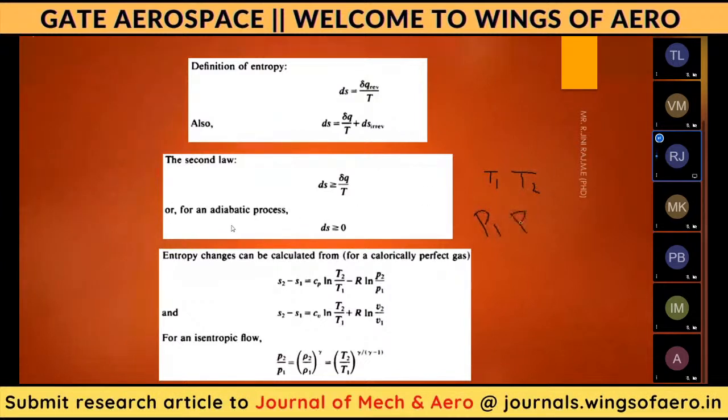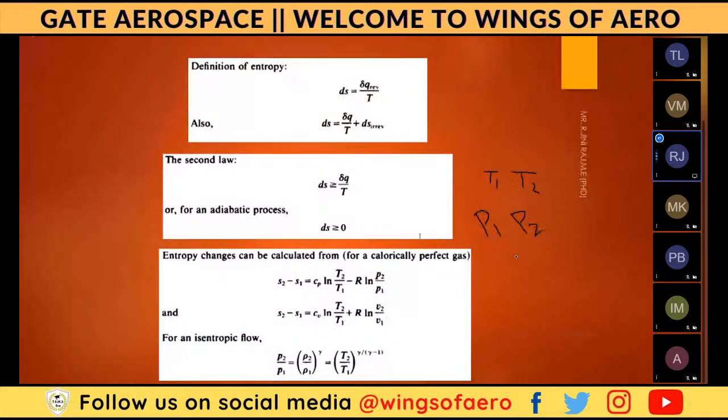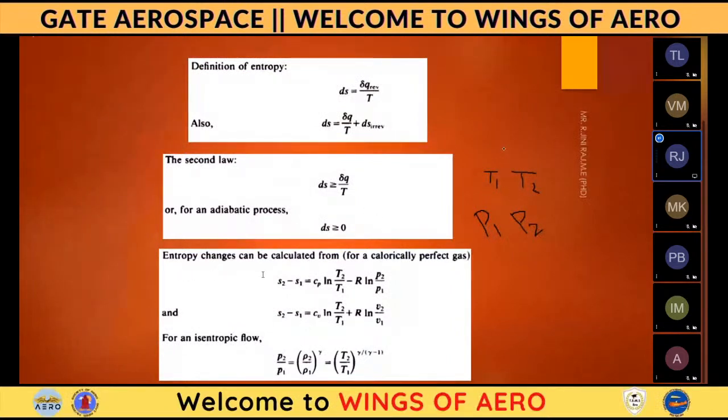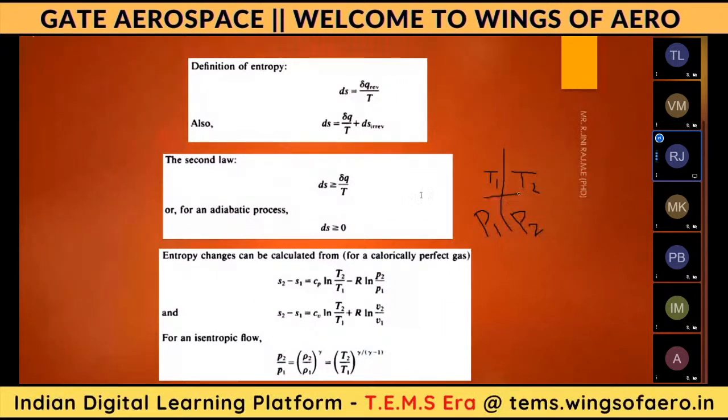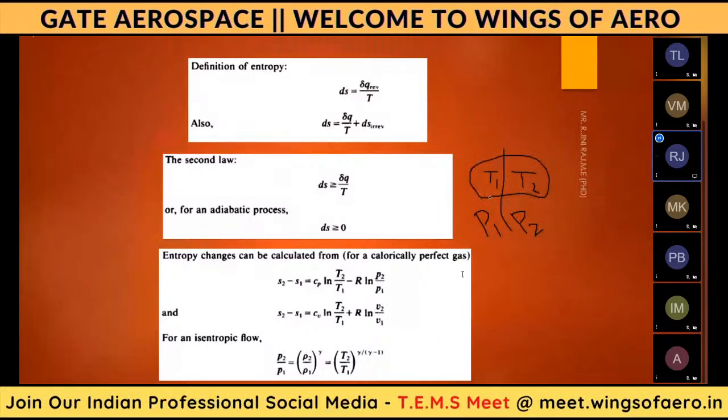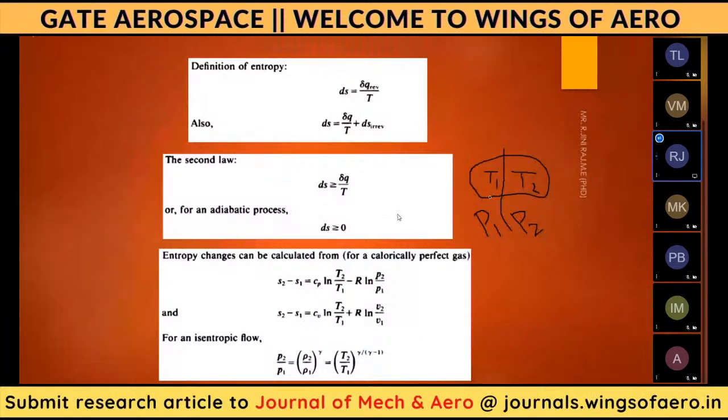And the same for density: rho 1 before the shock, and after the shock it may be rho 2. We give different notations for both because they have different, finite values.